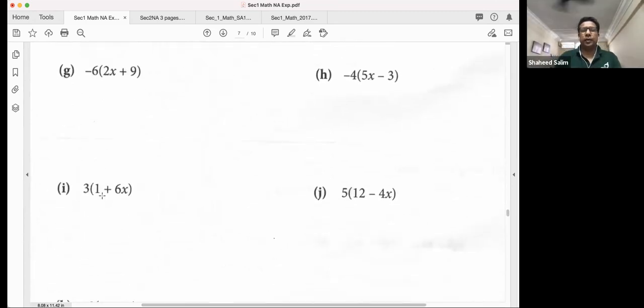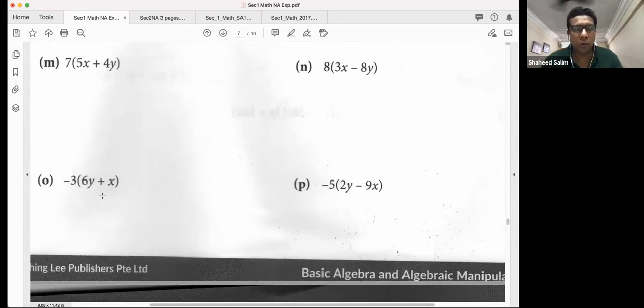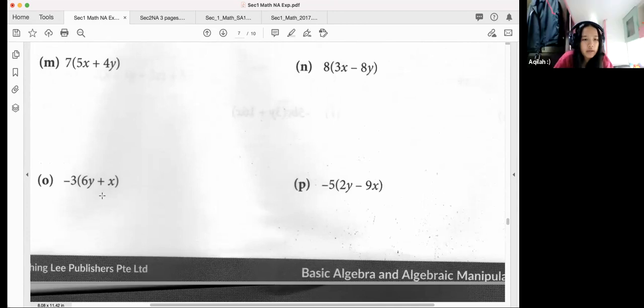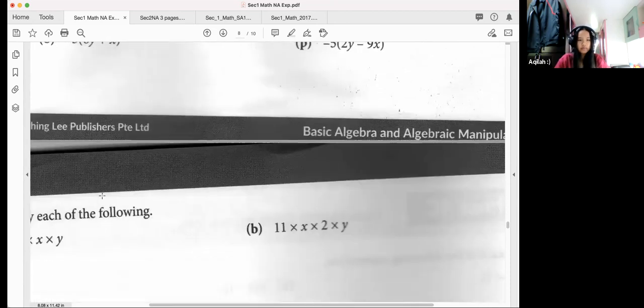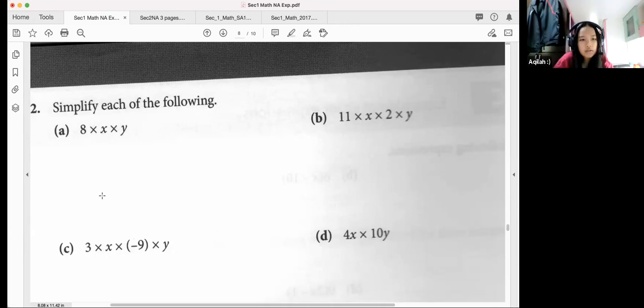Well done. Okay, can we try O? Negative 18y minus 3x. Okay, good. So can you tell me what is A? The answer to A? 8xy.